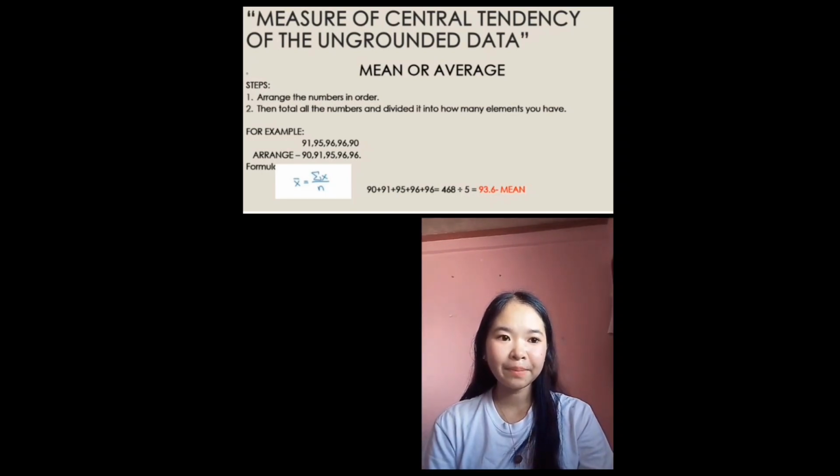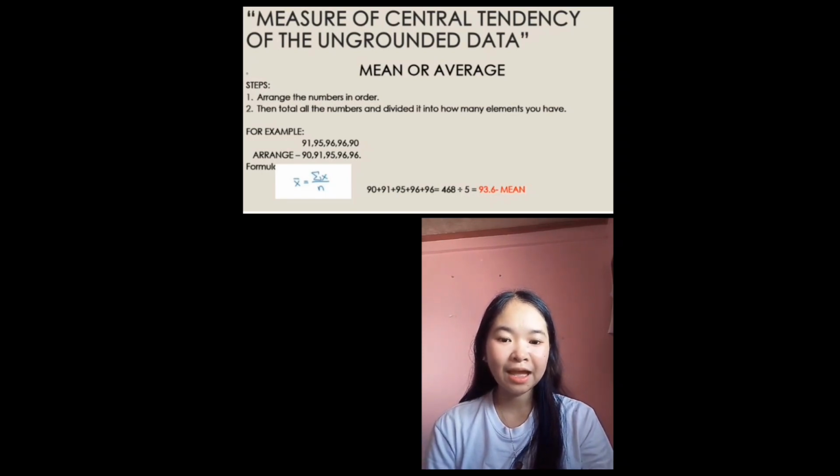The first step that we need to do is to arrange the numbers in order. Then total all the numbers and divide by how many elements you have. So our example is 90, 91, 95, 96, and 96. So we already arranged it.